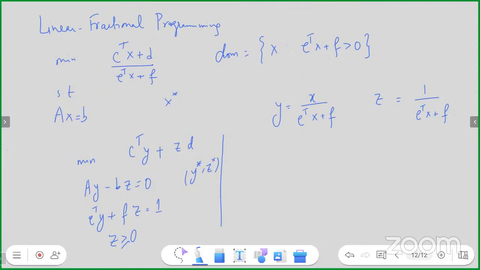So given an x star, right? What should I do? I'll collect y and z from here. Will the objective function be equal?